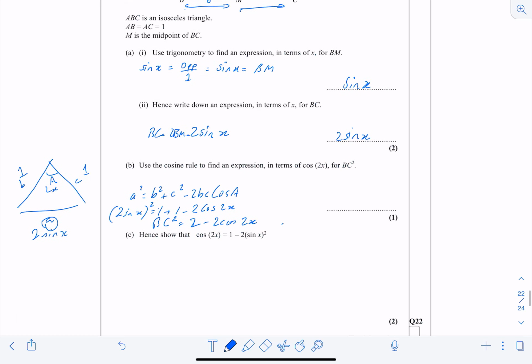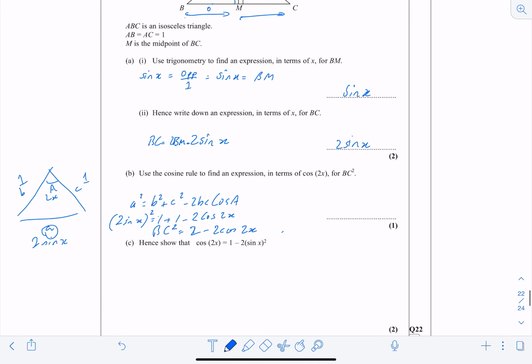Okay, hence show that cosine 2x equals 1 minus sine x squared. Okay, well, 2 sine x squared equals 2 minus 2 cosine 2x, which is 4 sine squared x equals 2 minus 2 cosine 2x.